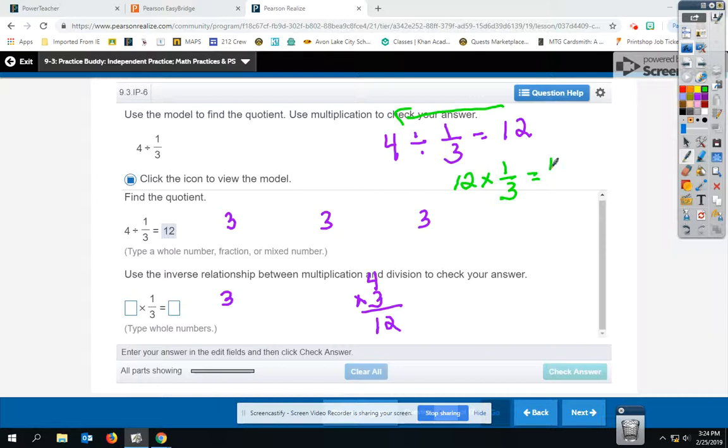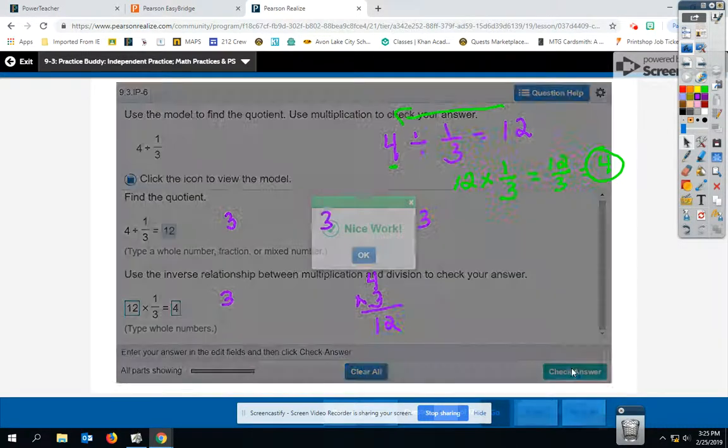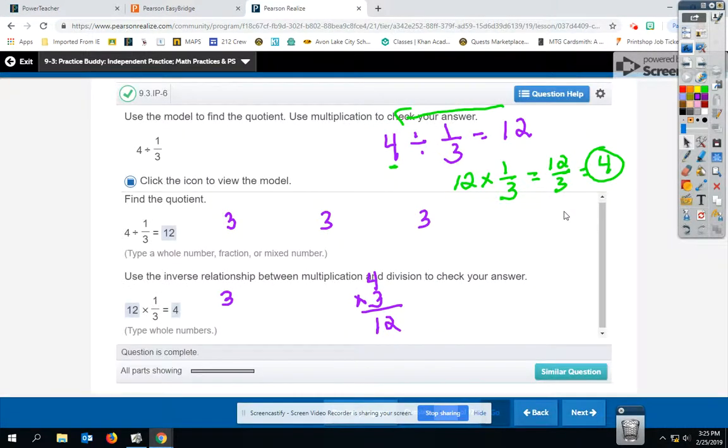That gives me 12 over 3, and 12 divided by 3 is 4, which is what I should get. So all I have to do down here is make this 12, and make this 4, because 12 times 1/3 is 4. And I get a good job.